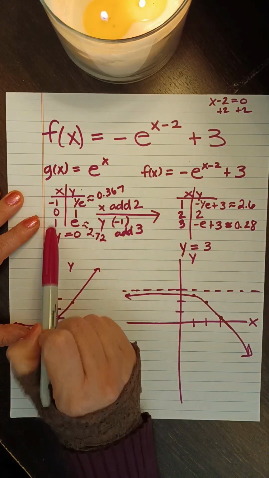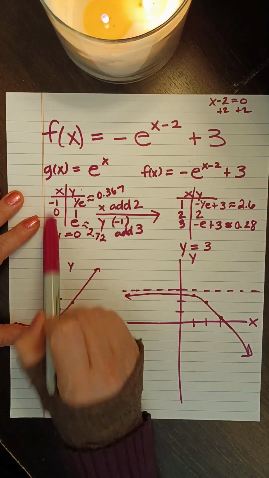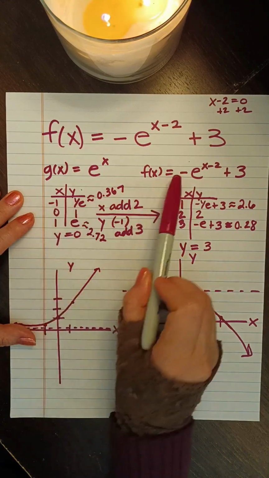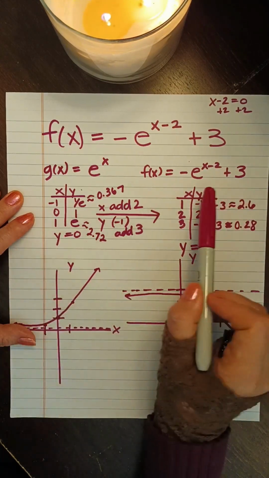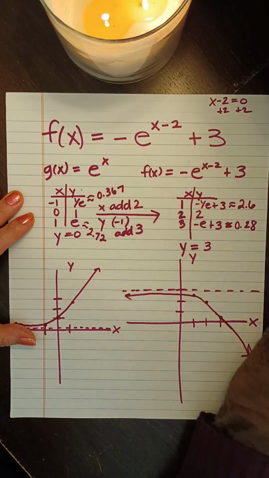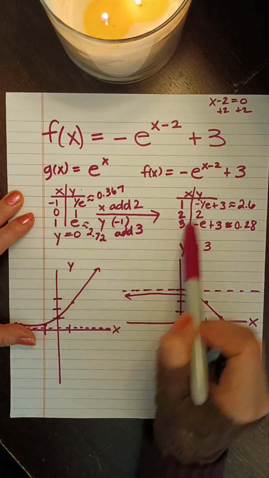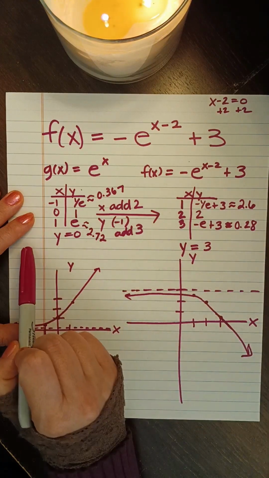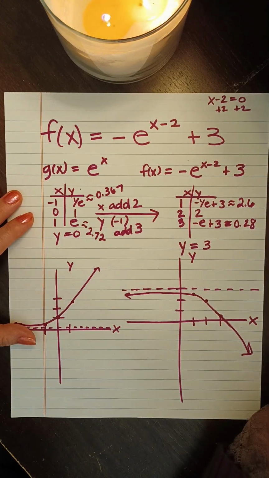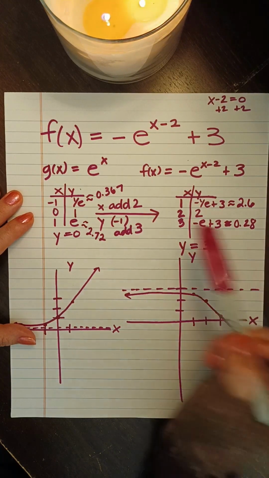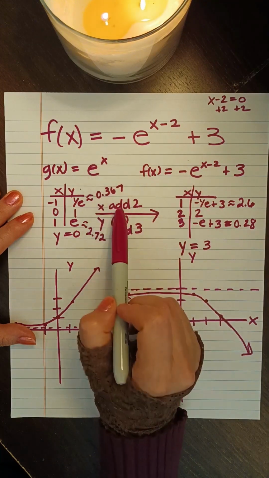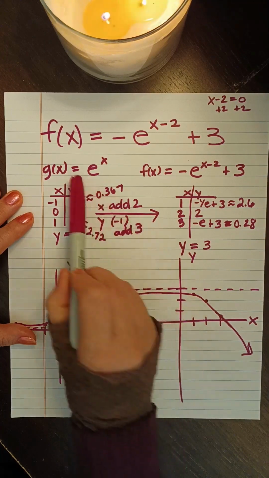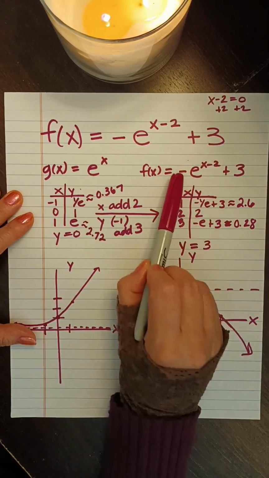And the same works on everything, right? That's why we add 2 to all of these, because we want to keep evaluating this at -1, 0, and 1. If I were to plug in 1, well, 1 minus 2 is -1. If I want to evaluate at 1, 3 minus 2 is 1. So just remember that whatever you do to the x, it's the opposite. And then to the y, it's just as is. The arithmetic you're doing to the y from here to here is just as you see it.